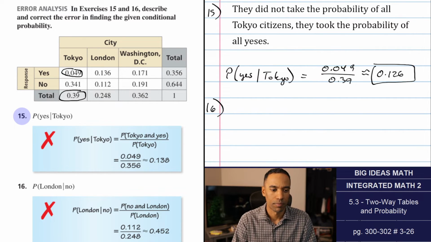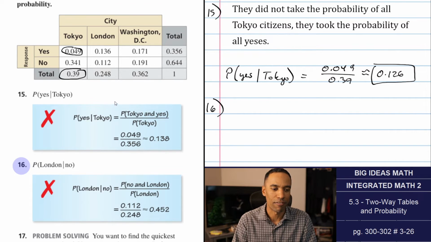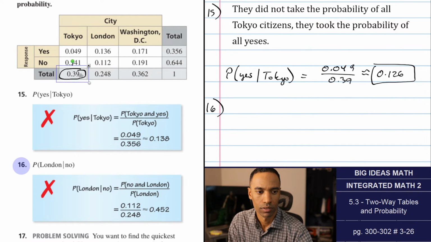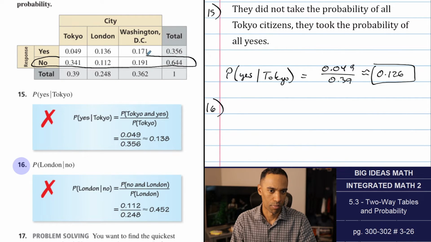Number 16. Probability of London given no. So given no, we're looking at this set here. Probability of London. So we're going to divide this by this. They divided by probability of London. They selected the right probability for probability of London, but they weren't supposed to select probability of London.